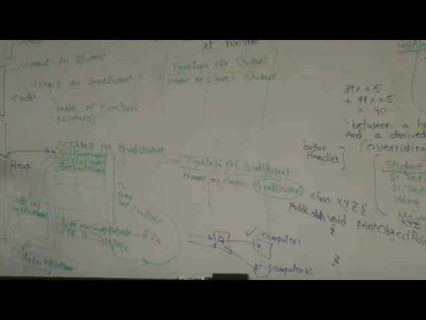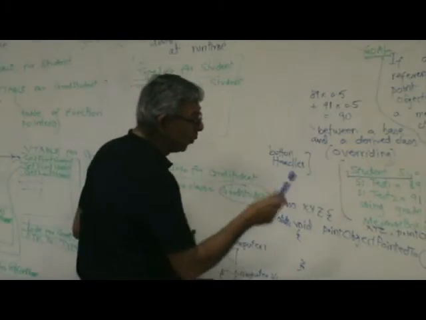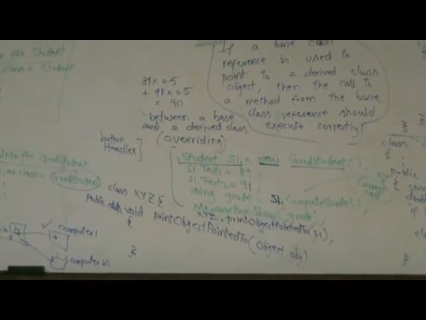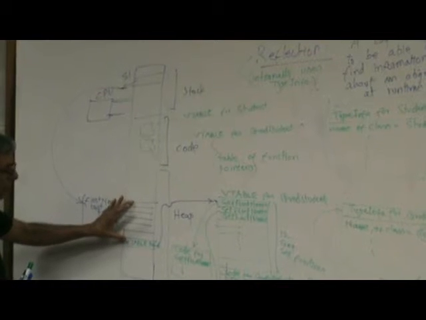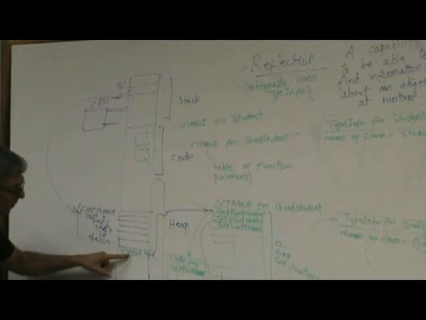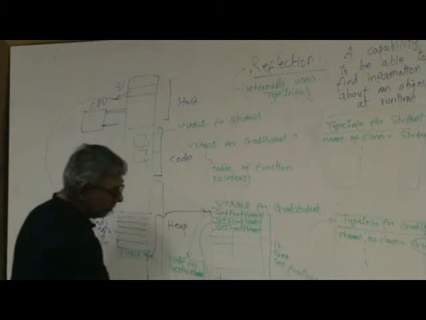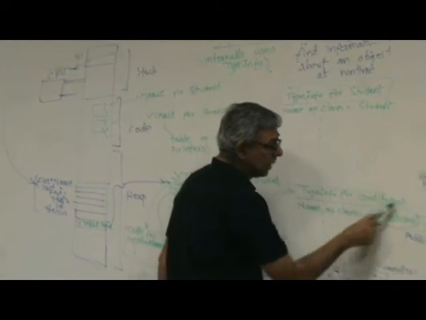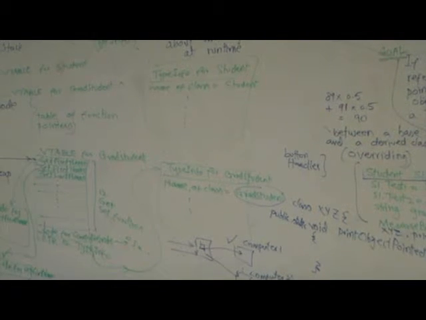But for right now, suppose our goal was simple, and our goal was find out which class this object is pointing to, okay? So again, in plain English, what we'll do is we'll start from here, go to the actual object, then locate the vtable pointer, go to the vtable, then locate the type info pointer, go to the type info, then read the name of the class, and we'll be able to find out whether it's pointing to a grad student or a student, right?